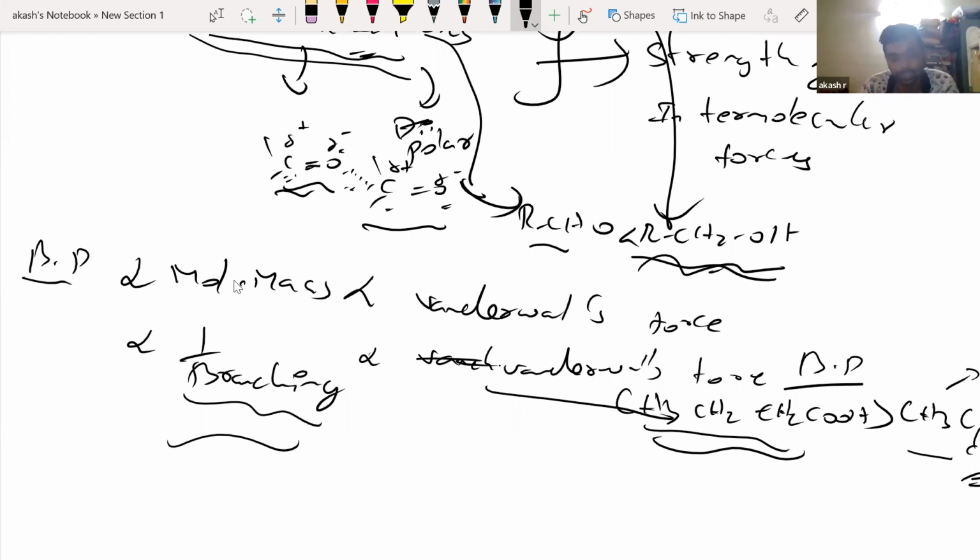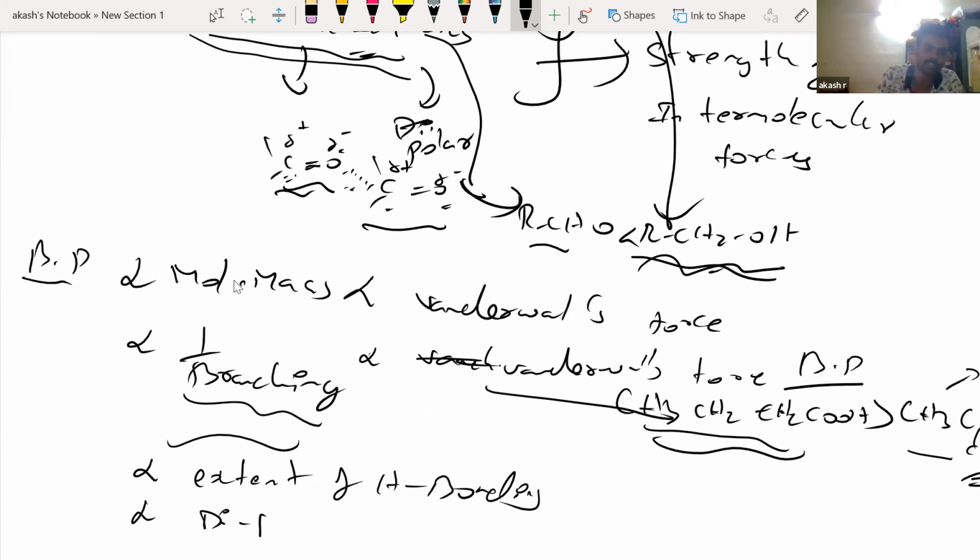Highly branched systems will have lower boiling points, as simple as that. The second last one, extent of hydrogen bonding, is obviously directly proportional. And lastly, dipole-dipole interactions: more dipole-dipole interactions, higher boiling point.